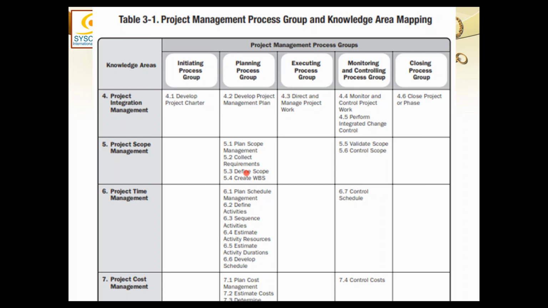All other knowledge areas have to be considered. Basically this is the responsibility of integration, to ensure that every baseline is formed only after it has considered all the impacts of other knowledge areas, not only scope, time and cost, but also human resource, communication, stakeholder, procurement, everything. Right. Okay, sir.